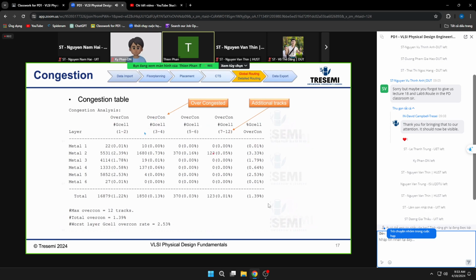This number is not too big, it's about 100, so it could be some local area that we need to look at. But if you look at all of these layers, M2 kind of stands out. It's very bad compared to the other layers. So M2 and M4.